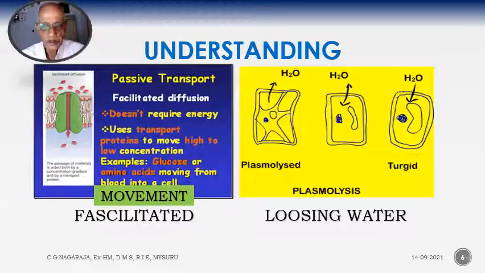Therefore, water from the cell moves out. That means cells will lose the water, and because of that the cytoplasm shrinks in size. So that is plasmolysis. Shrinkage and losing of water is plasmolysis that happens in almost all the cells, especially in the plants. We shall look into the next one after.